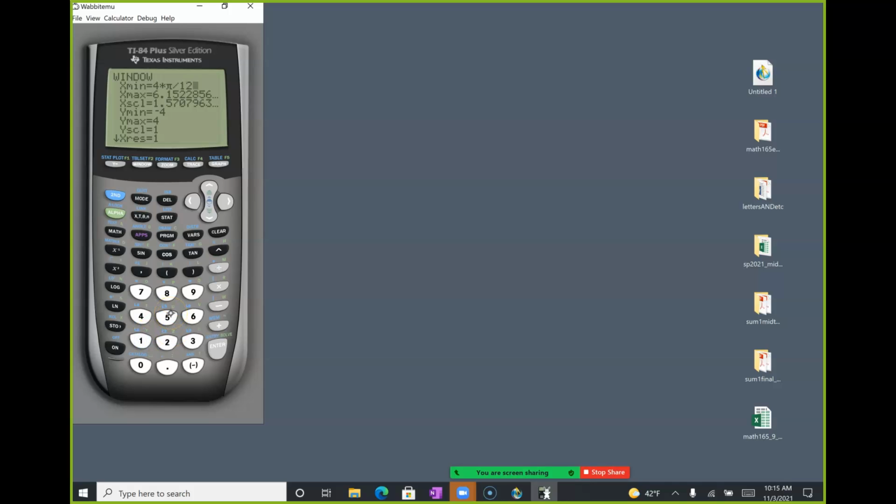And I want my x max to be where I ended. Where did I end? 16 pi over 12. So 16 times pi divided by 12. Again, we know that reduces.